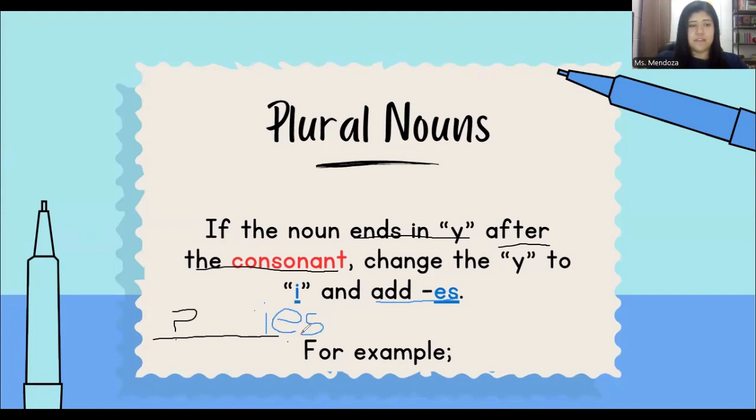And we did this because we know that there is a consonant before our Y. There was a Y here, but we removed it and made it into an I. So now that we know the rule for the consonant, let's take a look.